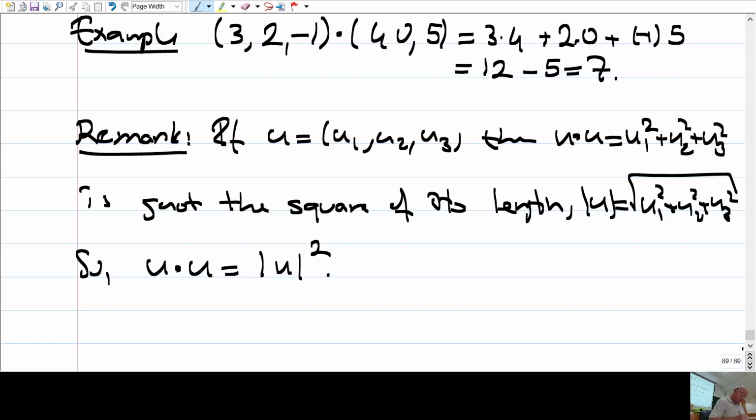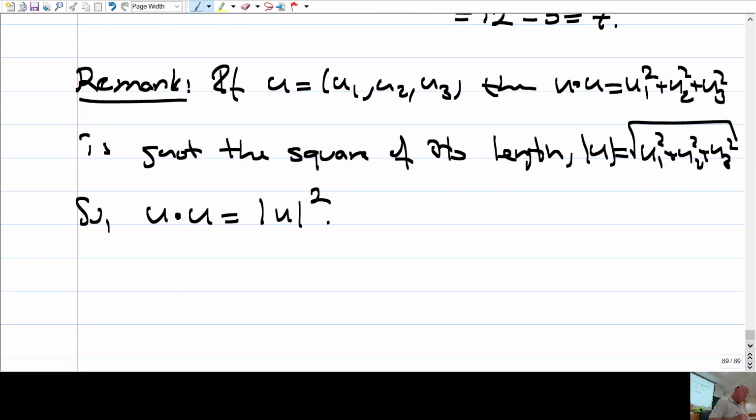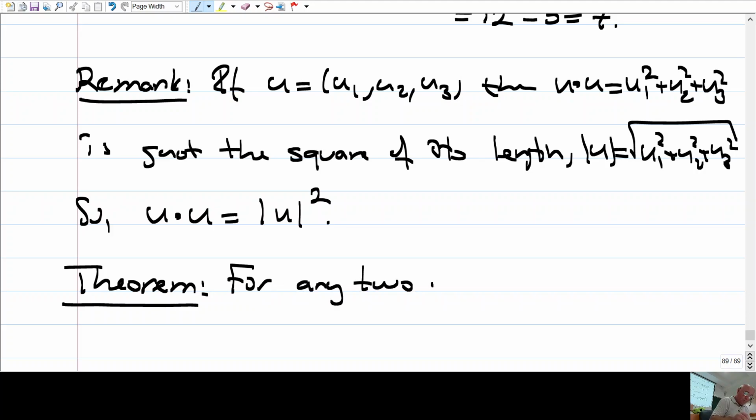And more generally, we have this, u dot v for any two vectors u, v in R2 or R3, doesn't matter. You can take Rn, okay?